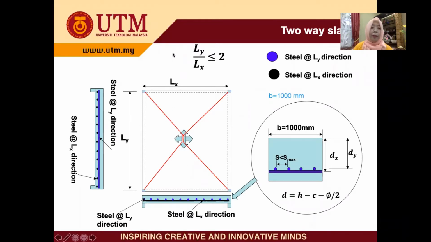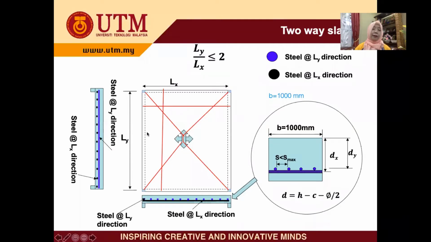So we need to provide steel in this direction, and also in this direction. So we have two types of steel. This is X direction, and this is Y direction.